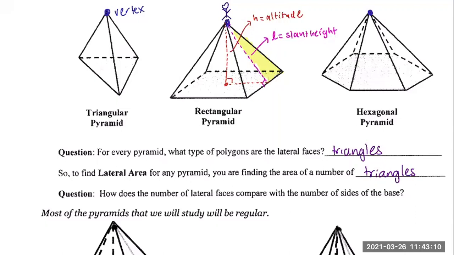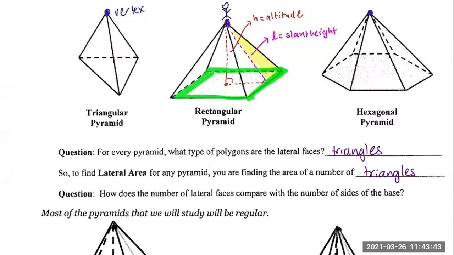To help us come up with the formula, which is on the next page, how does the number of lateral faces compare with the number of sides of the base? Count the number of lateral faces, count the number of sides of the base. Okay, they should be equal. There is one triangle, one side, two triangles, two sides, three, and then four.